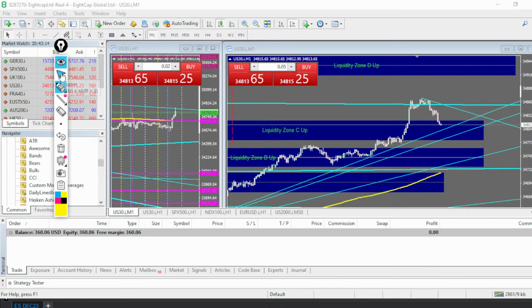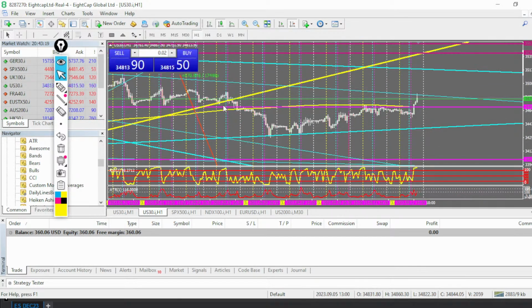As I tried to show you guys on this formation here, this area here, this is a flat formation that we have so far. Price went down.